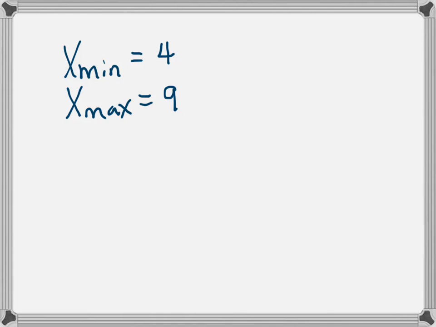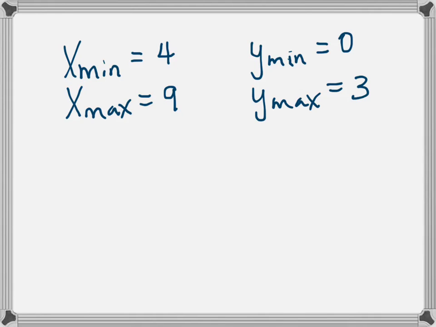X min is 4, x max is 9, and then your y min, I would just put at 0 if you'd like, because then you can see the axis down below, and your y max needs to be at least 3, so 3 or higher on that one. And then in y1, you're graphing the square root of x, and in y2, you're graphing the value we just got, which was 38 over 15.